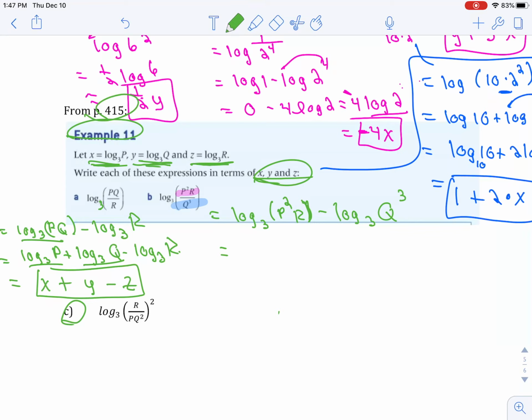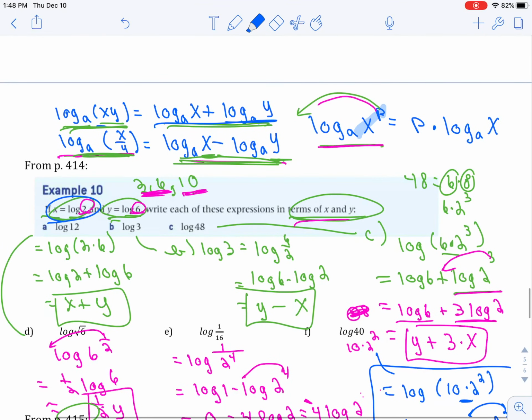Now over here we have a product, and the log of a product is the sum of the logs, so log base 3 of P squared plus log base 3 of R minus log base 3 of Q to the third. Now in 2 cases, right here and right here, we have the log of a power. The log of a power, I can bring the exponent out in front.